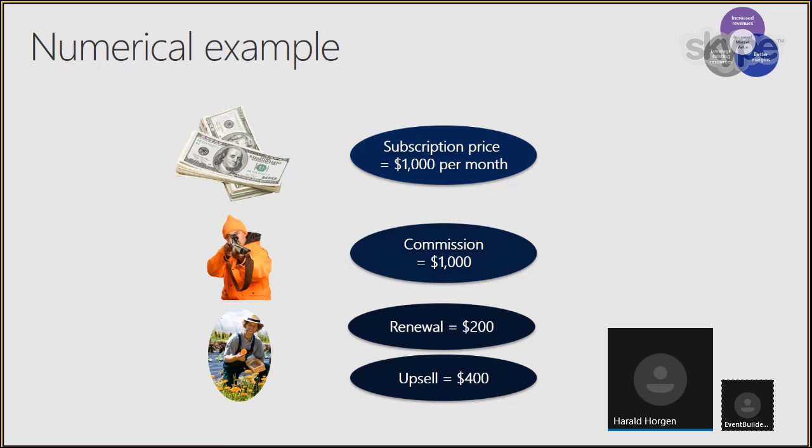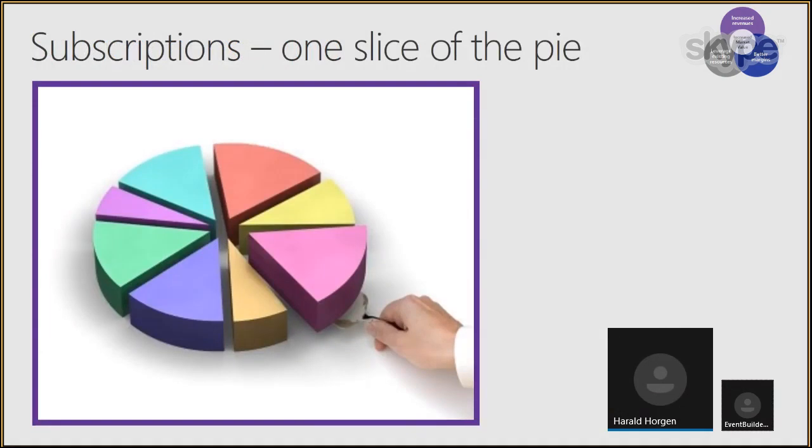They get $600. Next year, if it's a $2,000 subscription and they just renew, then they would get $400 for that renewal. I know I'm going through this at a fairly quick pace, so please take advantage of the fact that you will have the slide deck available and this is being recorded, so you can go back through it.